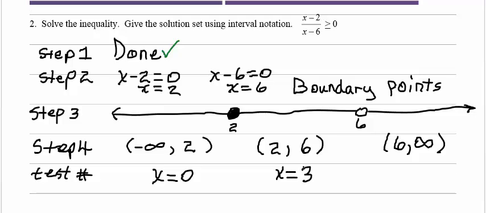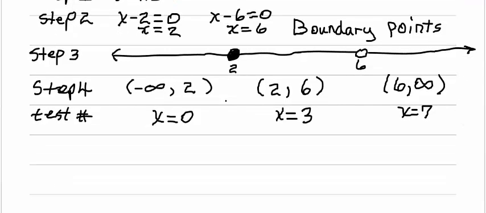You could choose any value in the interval, but you do want to make your choice a simple number that makes your work easy. In the third interval, all the numbers bigger than 6, I'm going to choose x equal to 7. And those are my test numbers.